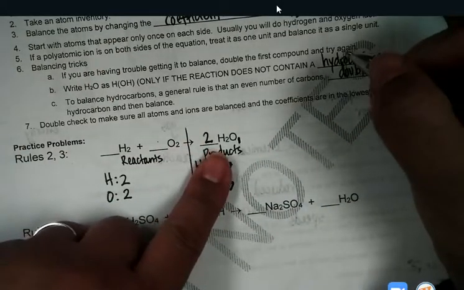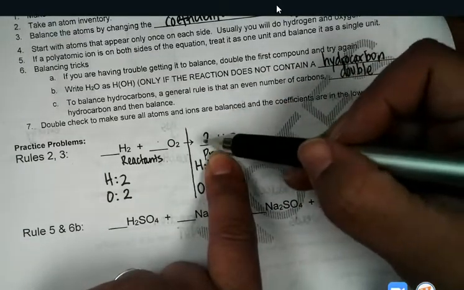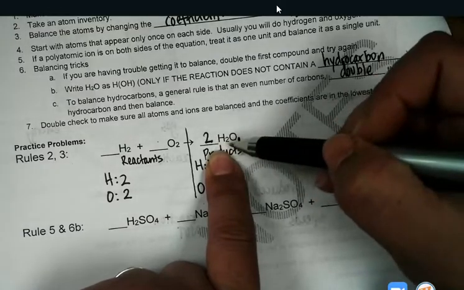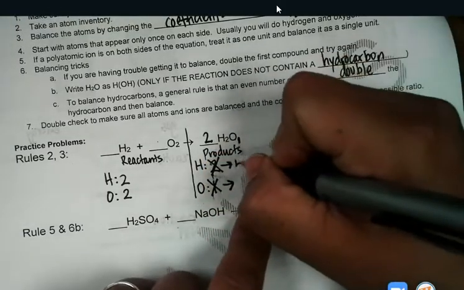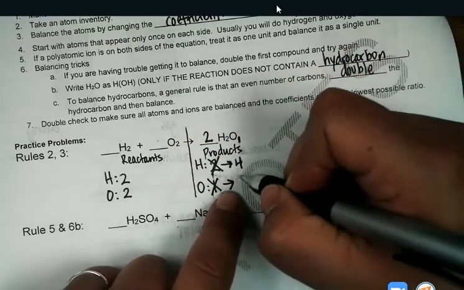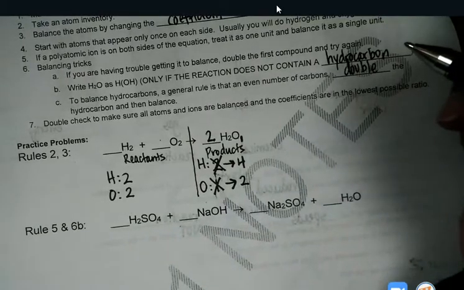I cover them up and go back to the balancing equation and figure out how much I have. So 2 times 2, now the H is 4. 2 times 1, now the O is 2.